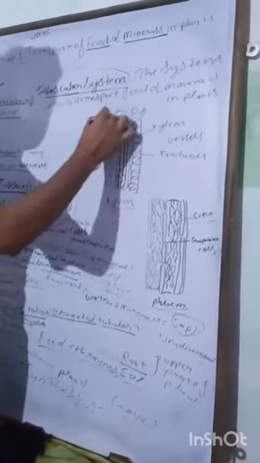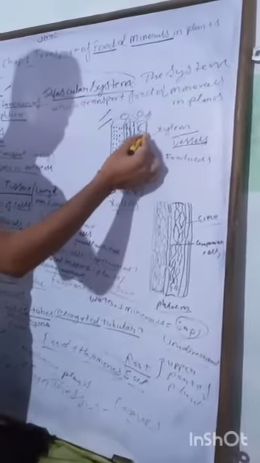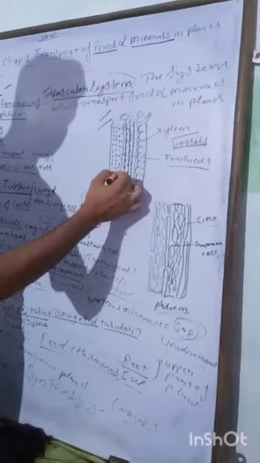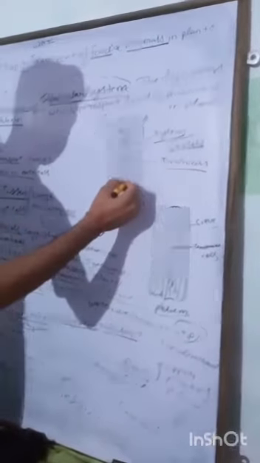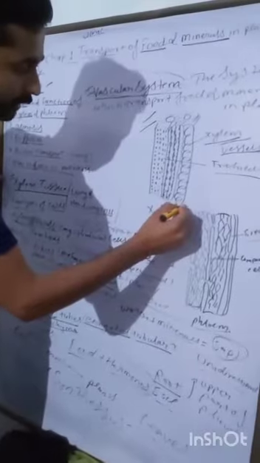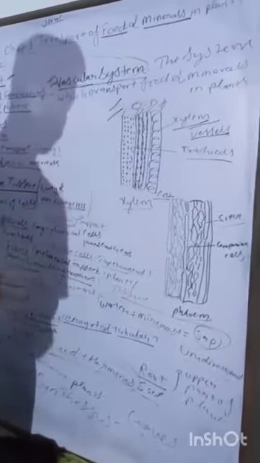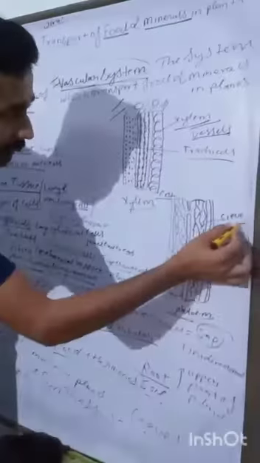See this structure, students. Xylem vessels are cylindrical, and tracheid cells transport water. When there is water in the root, they transport it by the process of diffusion and osmosis from one cell to another. Next is phloem structure, sieve tubes.